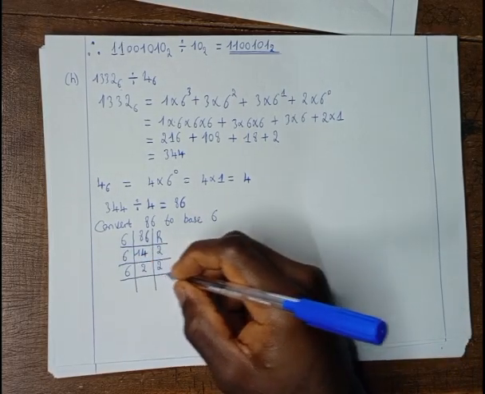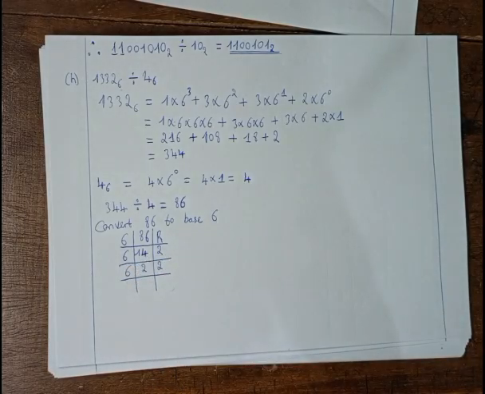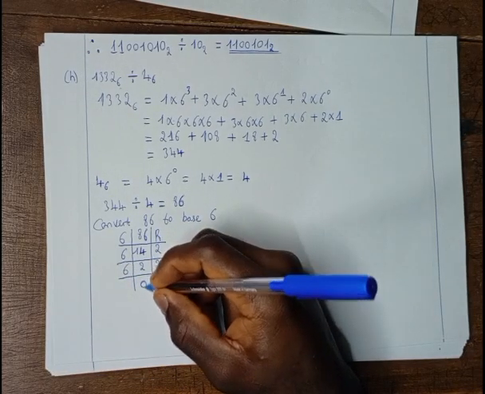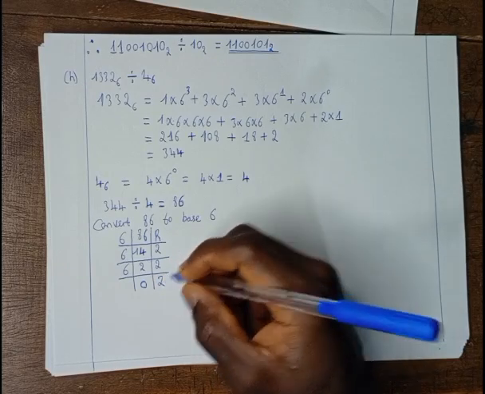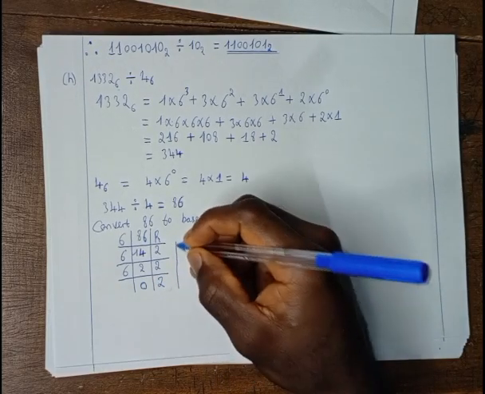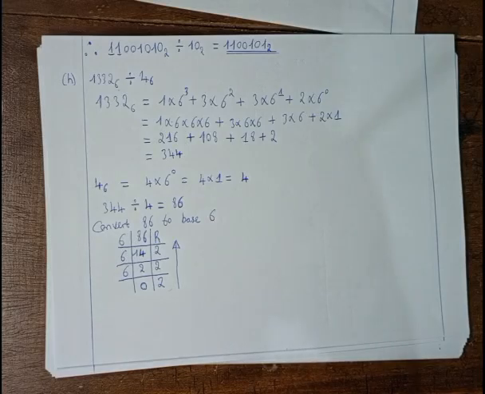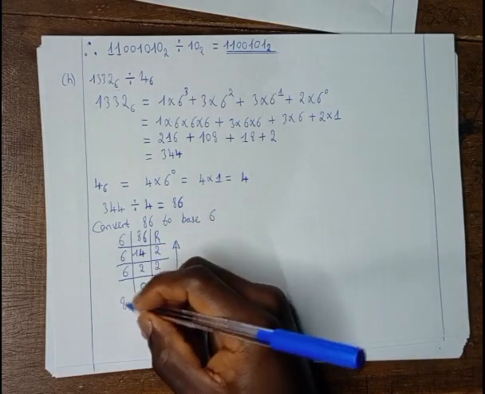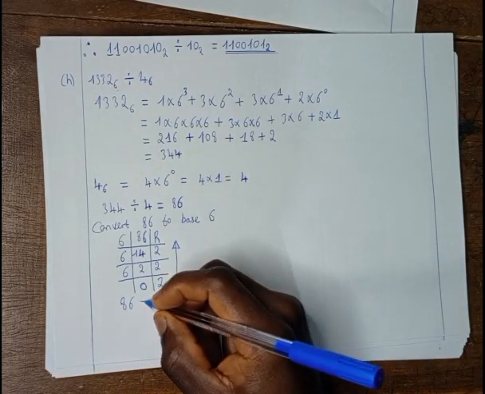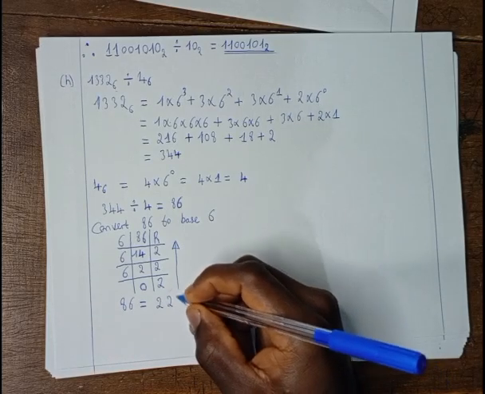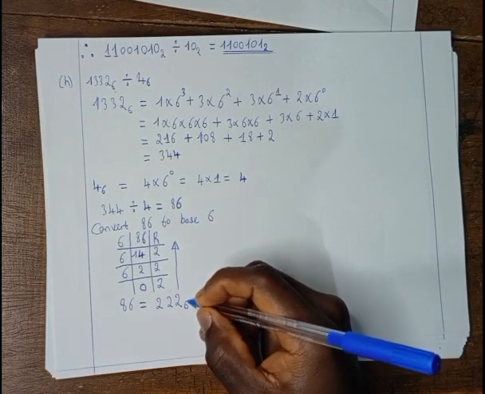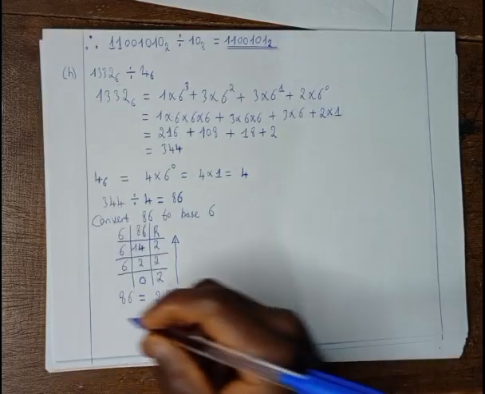Bring down 6. We divide 2 by 6. The whole number part will simply be 0, since 2 is less than 6. And the remainder will simply be 2. Then we copy from bottom to top. The number 86 in base 6 is simply equal to 2, 2, 2. You must write down the base in base 6.